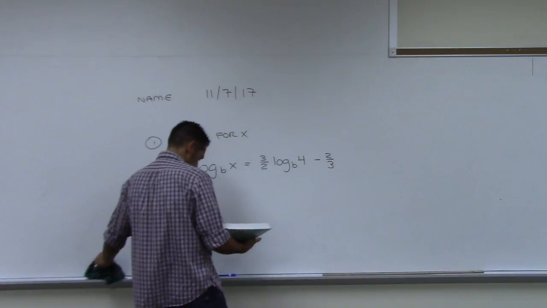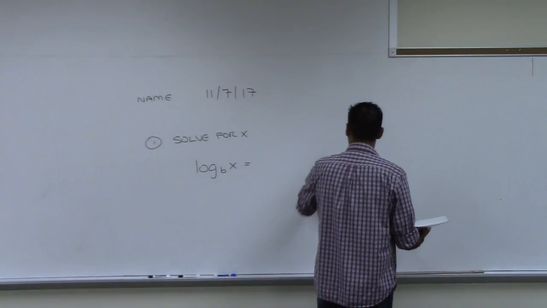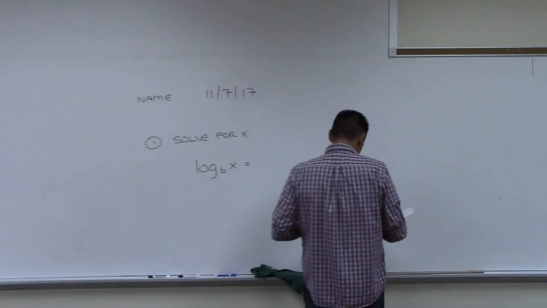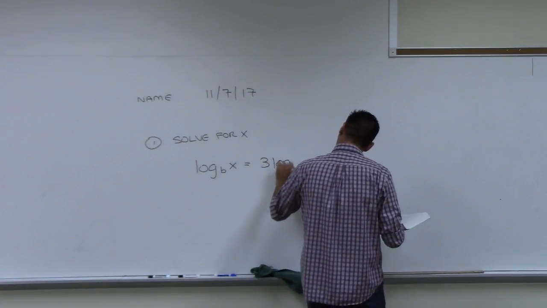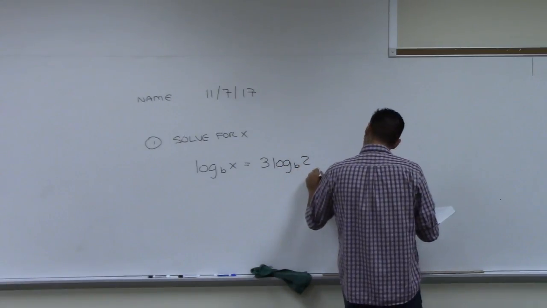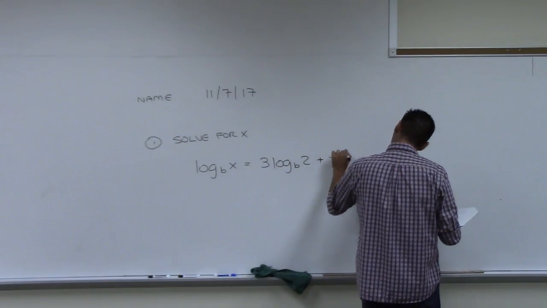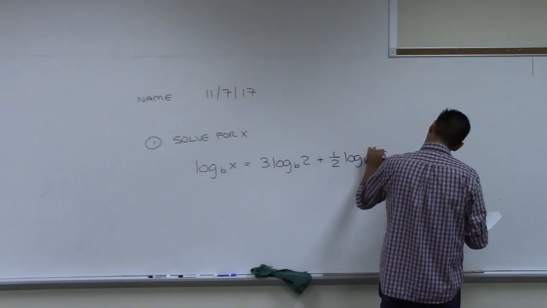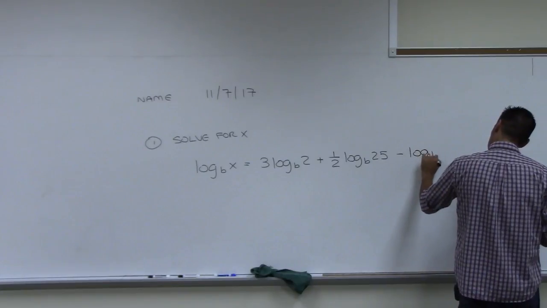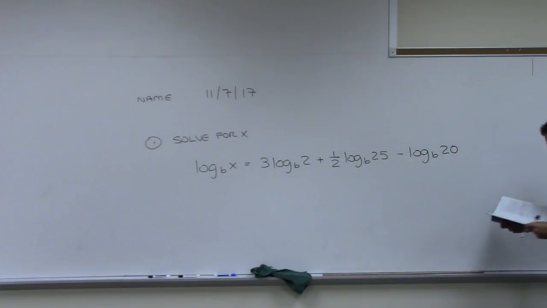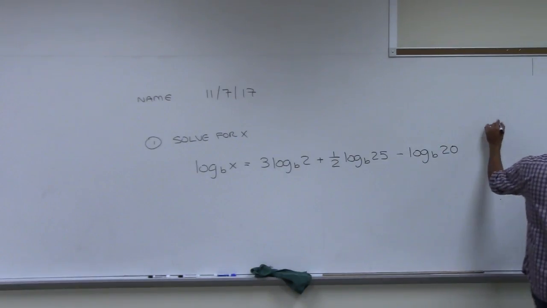I apologize. I'm going to change this. I'm going to make it so you don't have fractions. It'll make it a little easier for you. Log base b of x equals 3 log base b of 2 plus 1/2 log base b of 25 minus log base b of 20. So, that's number 1.